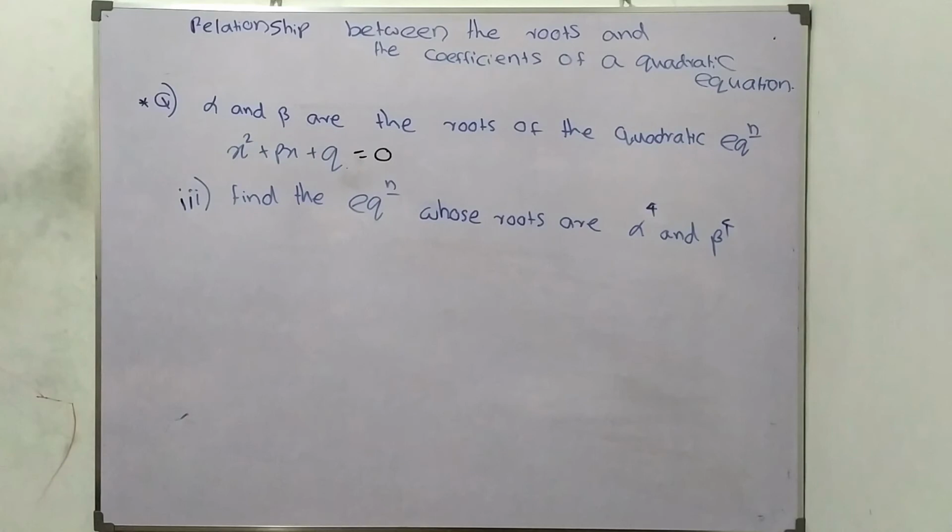Alpha and beta are the roots of the quadratic equation, same as the previous one. Find the equation whose roots are alpha to the power 4 and beta to the power 4. Again, you have to find the product and the addition of the roots separately.